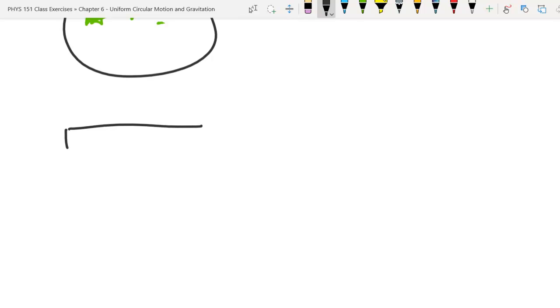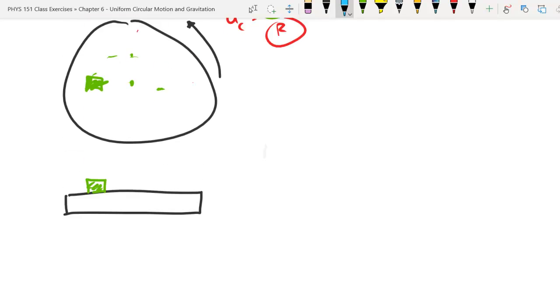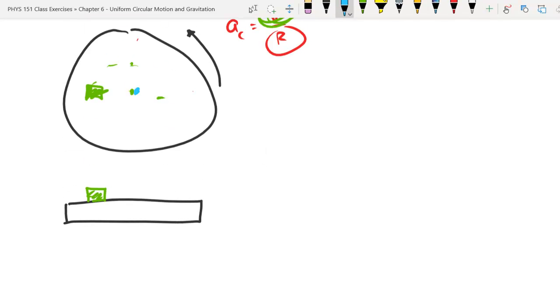Here's my rotating platform like this, and here's my button. Okay, right there, my little snapshot in time. That's where the button is, and then we have our axis of rotation. It's going through right there. It would be just like this, right? That's our axis that it's rotating around.